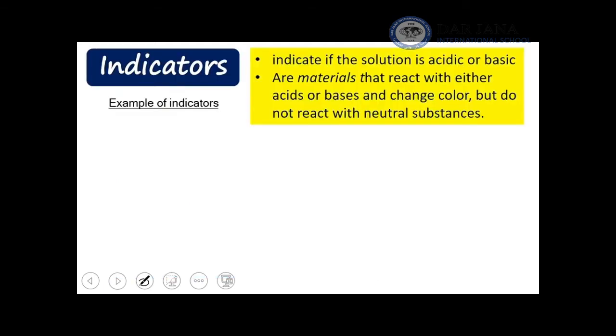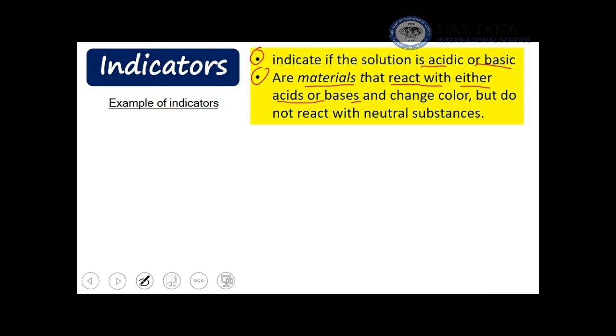So let's start with indicators. Indicators, and these definitions are very important. So indicators indicate if the solution is acidic or basic. So they are materials that react with either acid or base and change color. We have specific indicators for bases and specific indicators for acids.